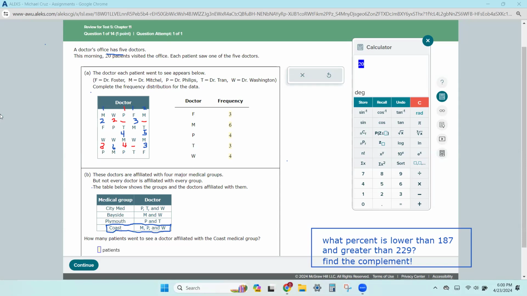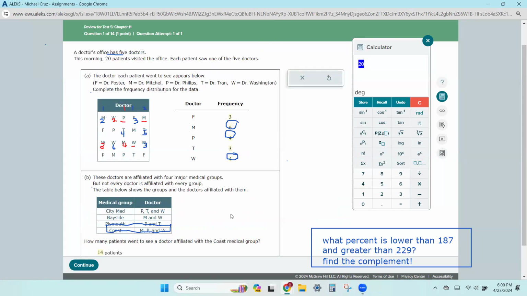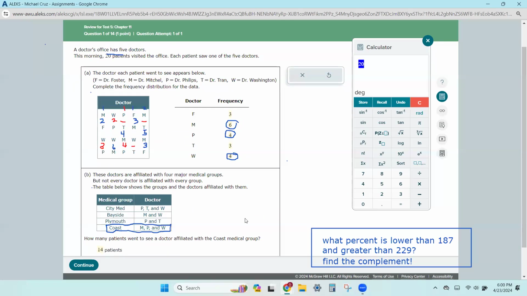So we're going to just go and do the M, the P, and the W. And we'll add those up for a grand total of 14. All right. Any questions on that before we get out of this problem?